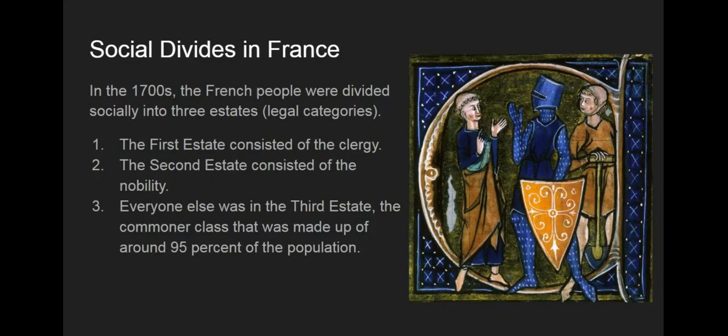The third estate included even merchants and doctors and lawyers, salesmen, tradesmen, but it also included the poor and working farmer. We kind of looked at these three estates just in general when you looked at the boxes that we had with our first unit of stations.